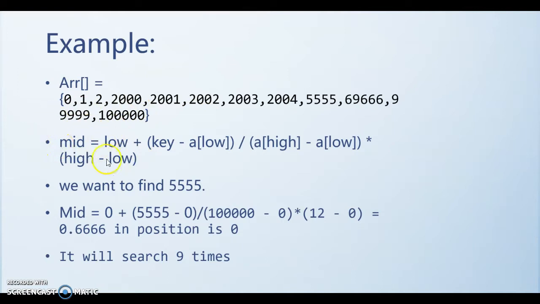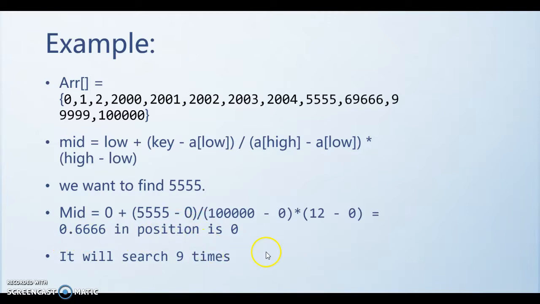For this example, we want to find 5,555. So the mid is 0 plus the number minus the low key, divided by the highest number in this array minus the lowest number in this array, and also we have 12 elements in this array, so we get 0.6666 in this position.